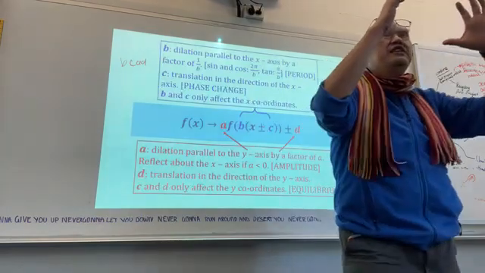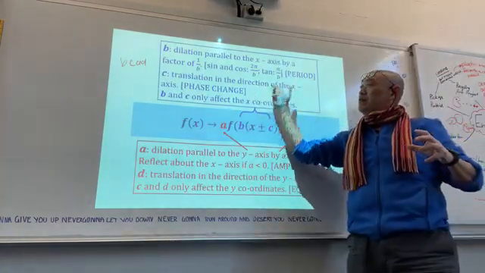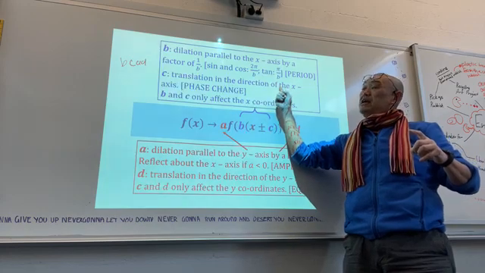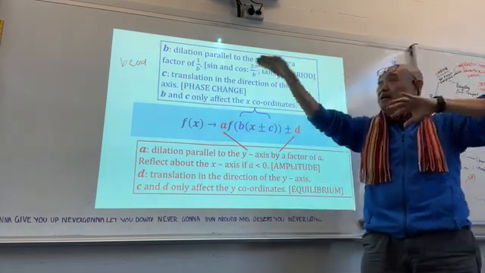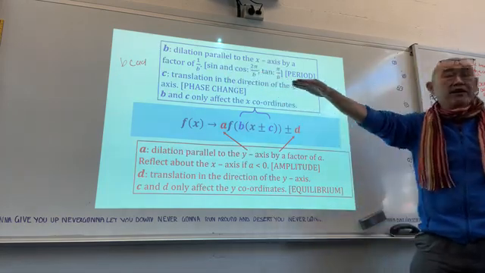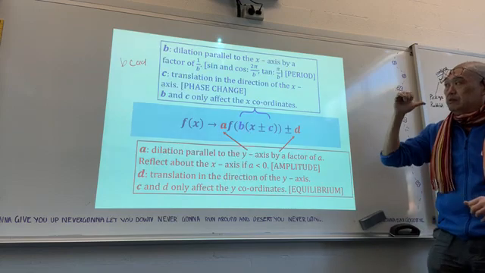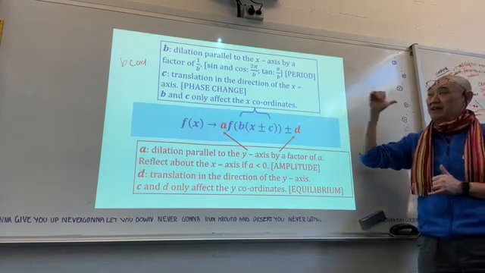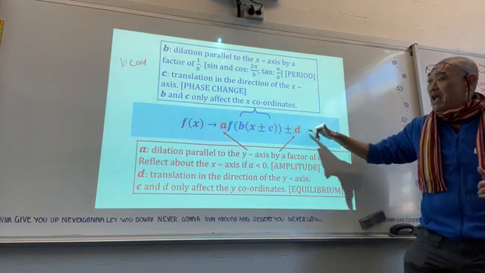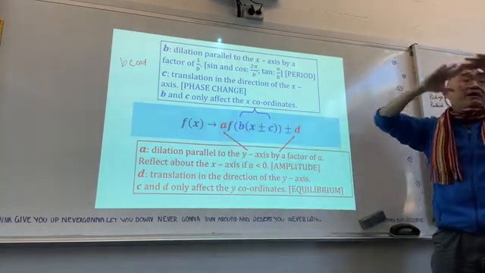The phase change is either translating left or right. Positive is the negative x direction, and negative is the positive x direction. And then A affects the amplitude, and D affects the equilibrium up and down.